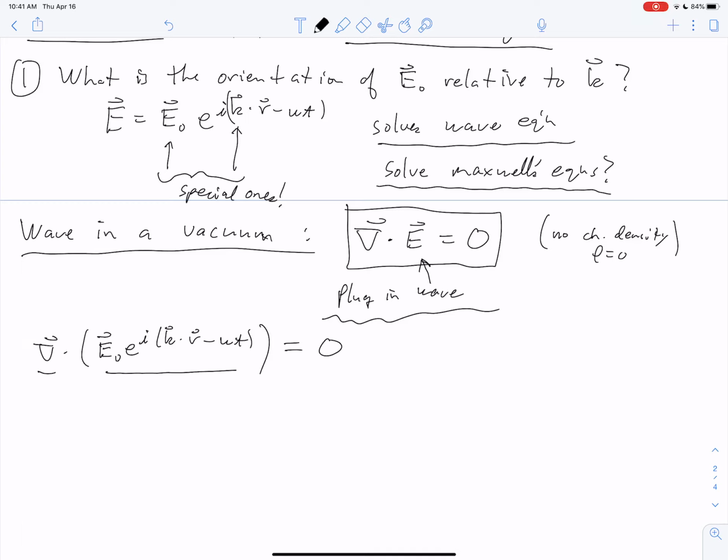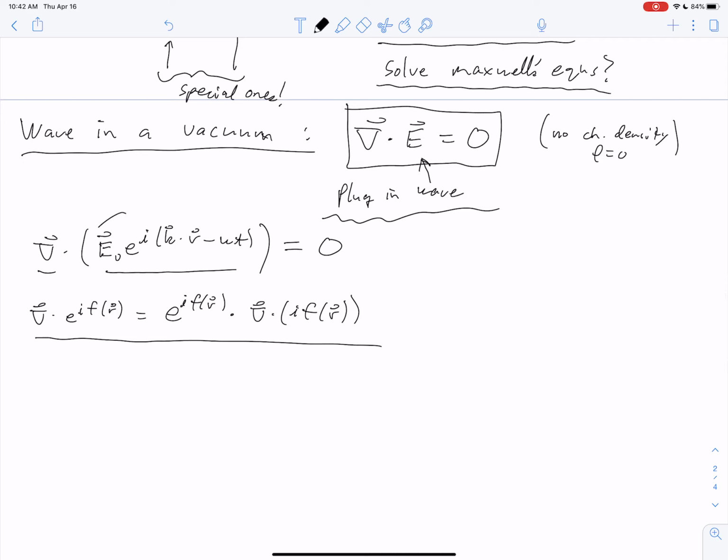So when I take del dot of this, if I have del dot e to the i f of r, then this is equal to e to the i f of r times del dot i f of r. That's the beauty of complex exponentials. So simple.